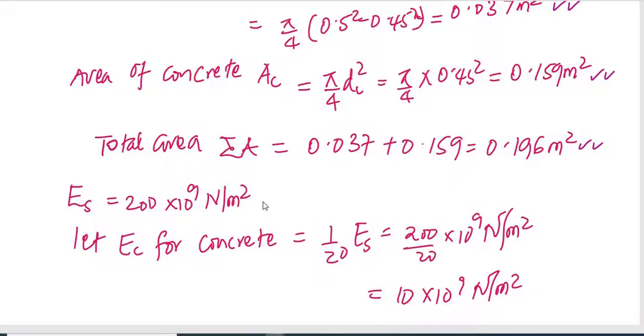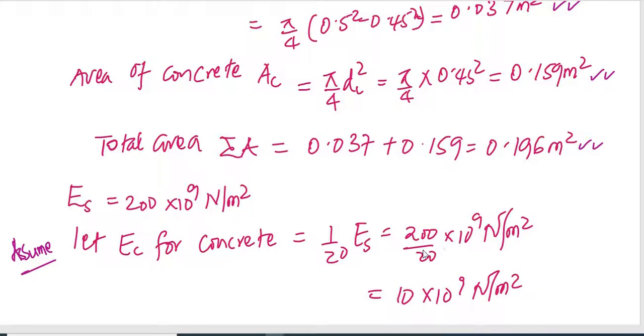What about the modulus of elasticity of steel? We have it as 200 times 10 to the power 9 Newton per square meter, and the one for concrete is not given, so we have to assume. Let the modulus of elasticity of concrete be 1 over 20, or a 20th, of that of steel.